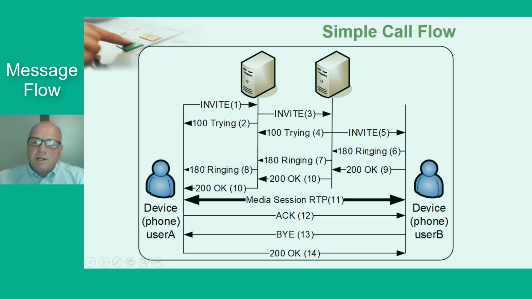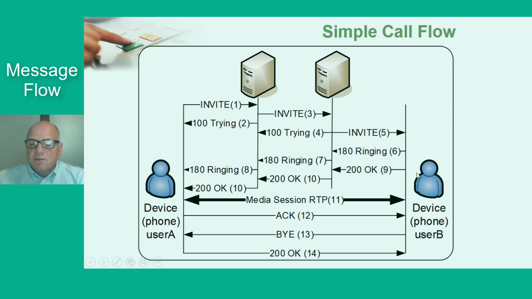In 183, there's a Session Description Protocol message pointing to an IP and port where the audio should be played. The 180 Ringing is forwarded by the second proxy and then forwarded by the first proxy to user A.